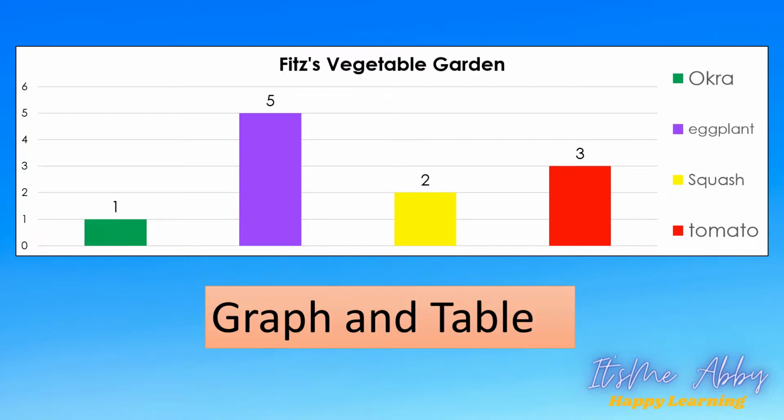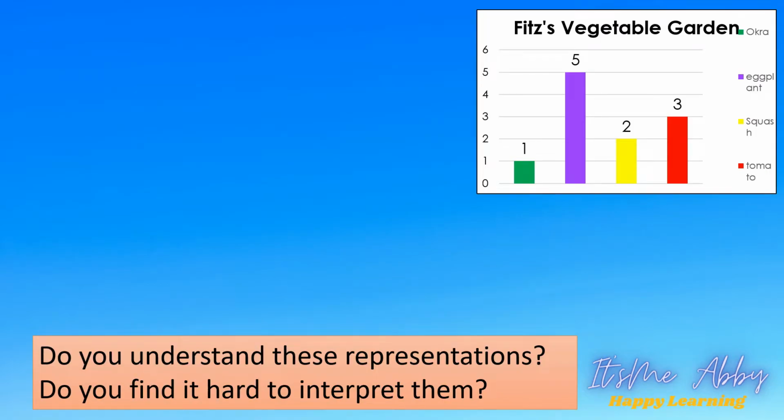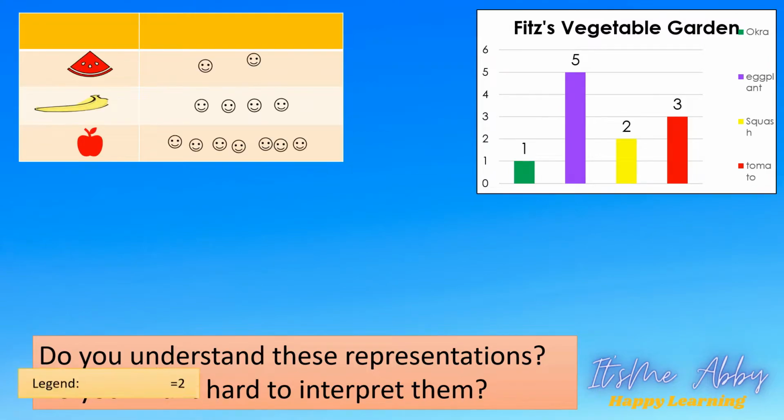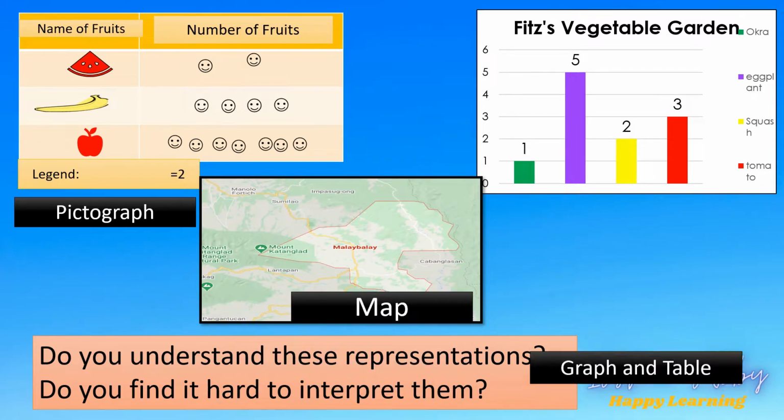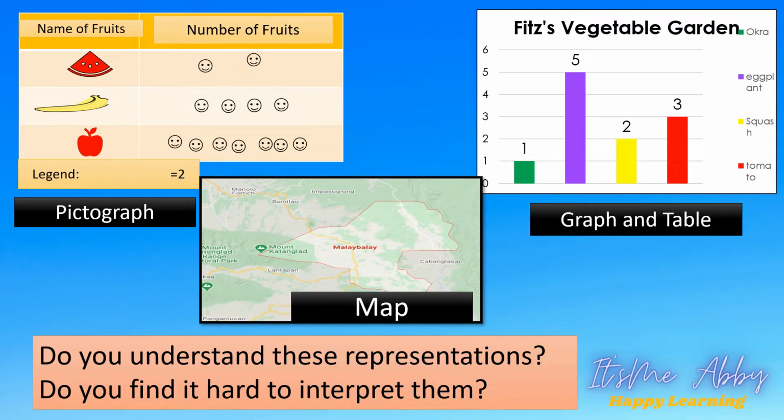So later on, we're going to define what is graph and table and how the graph and table differ from map and pictograph. We have again pictograph, the map, and the graph and table.